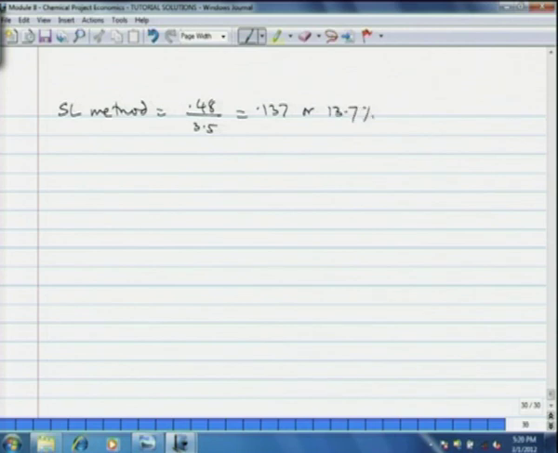Here again the DDB recovery is higher, so we go for that. So, recovery in the third year is 19.2%.